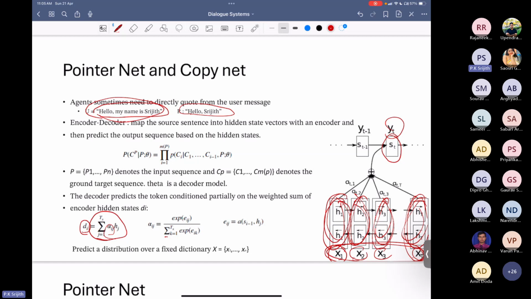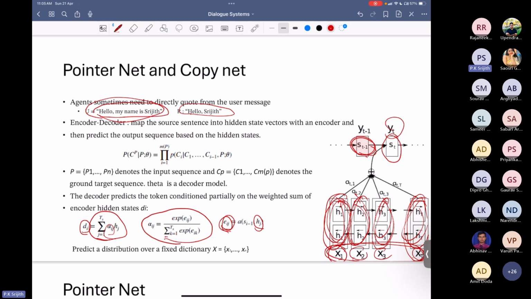This probability distribution is obtained using the softmax formula, and you compute each of these scores e_tj as a function of the hidden state of the decoder at the previous step, that is s_{t-1}, and each of these hidden representations at j.